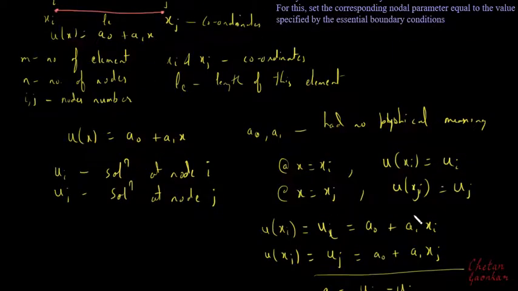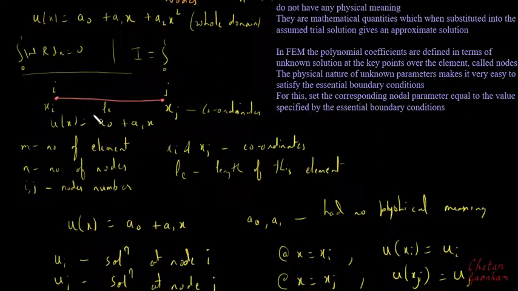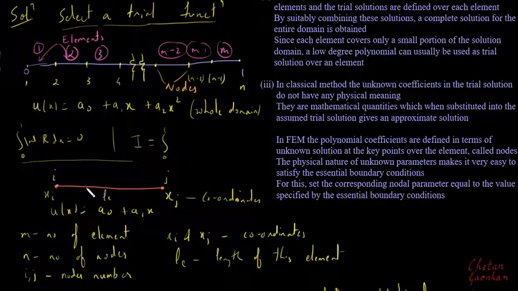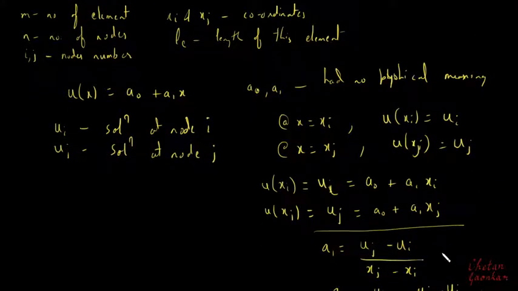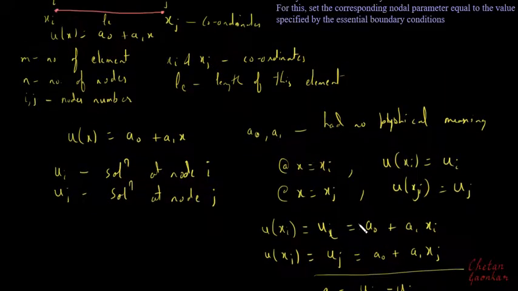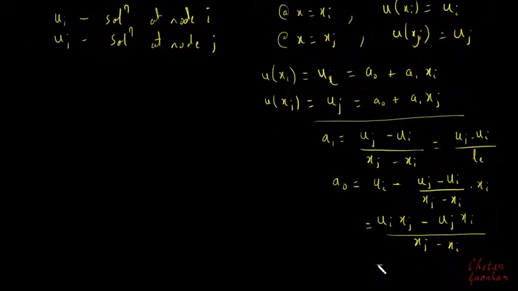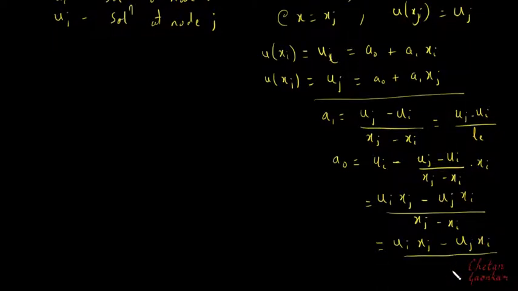But xj minus xi is nothing but the length of this element. For example, suppose this coordinate is 0.3 and this coordinate is 0.5 from this domain, then the length of this element will be 0.5 minus 0.3, that is 0.2. So a1 can be given as uj minus ui divided by le, and a0 will be given as ui xj minus uj xi divided by le.